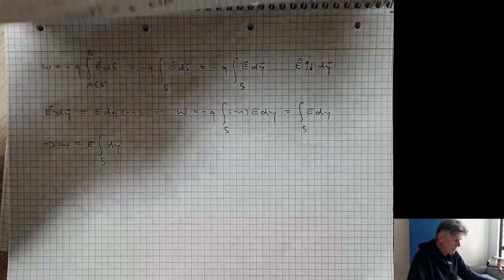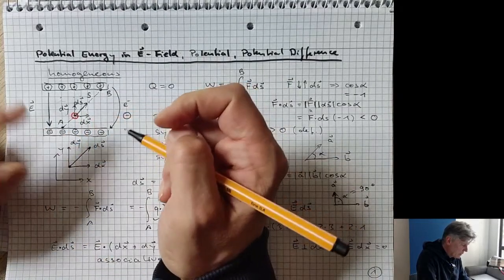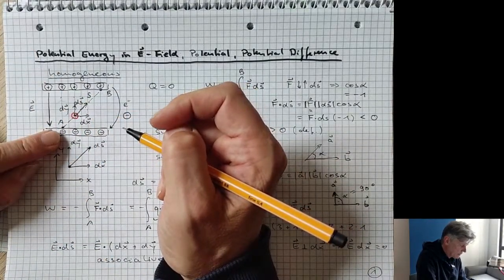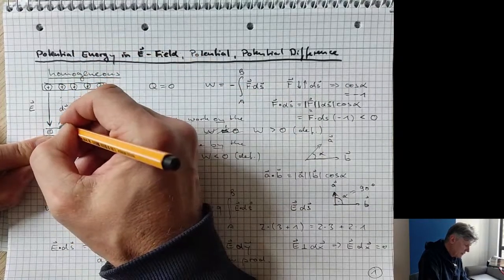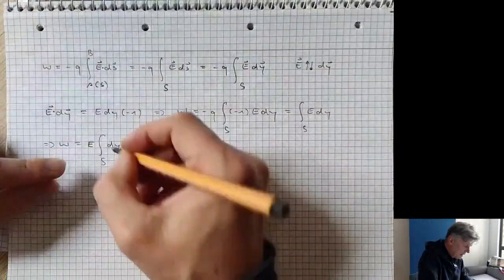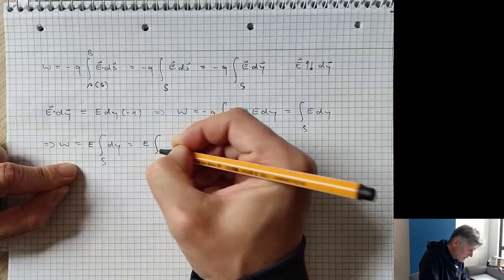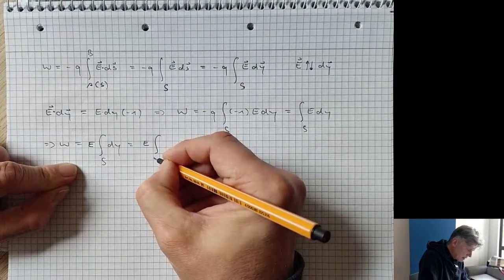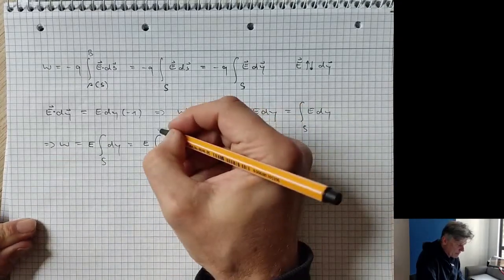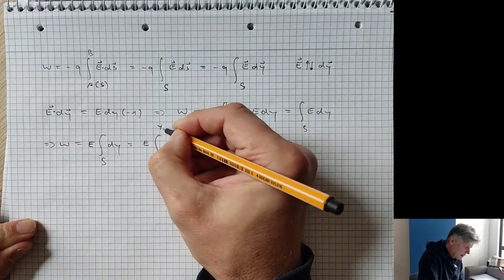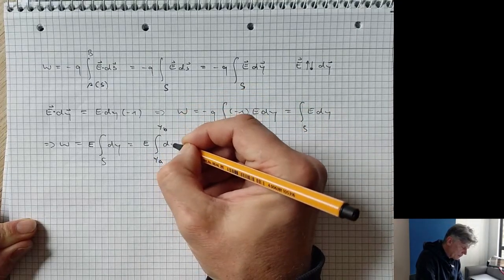But what does it mean when we go from A to B and we are just looking at the y coordinates? The integral would be E, starting at the y component of point A and ending at the y component of point B, dy.